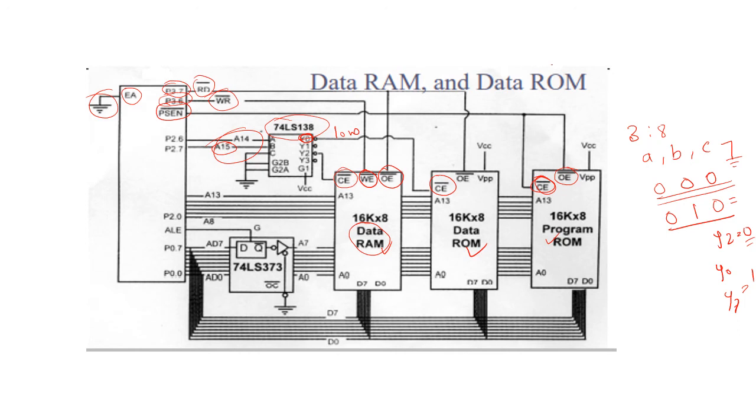The latch that we have, 74LS373, is used to separate the address A0 to A7 and the data D0 to D7. Here one thing we need to note is that the same data lines as well as the same address lines are connected to all the memories.